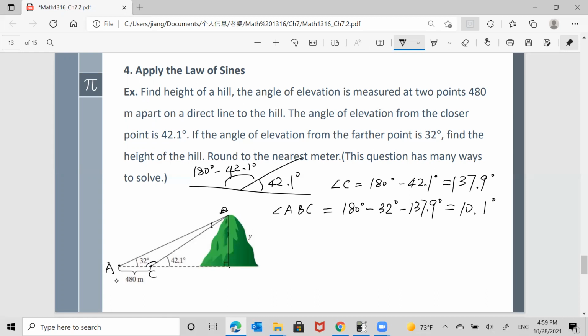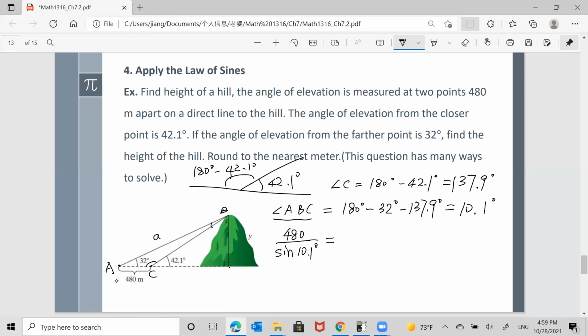So use angle B: 480 divided by sine B, sine 10.1 degrees, equals, okay, AB.